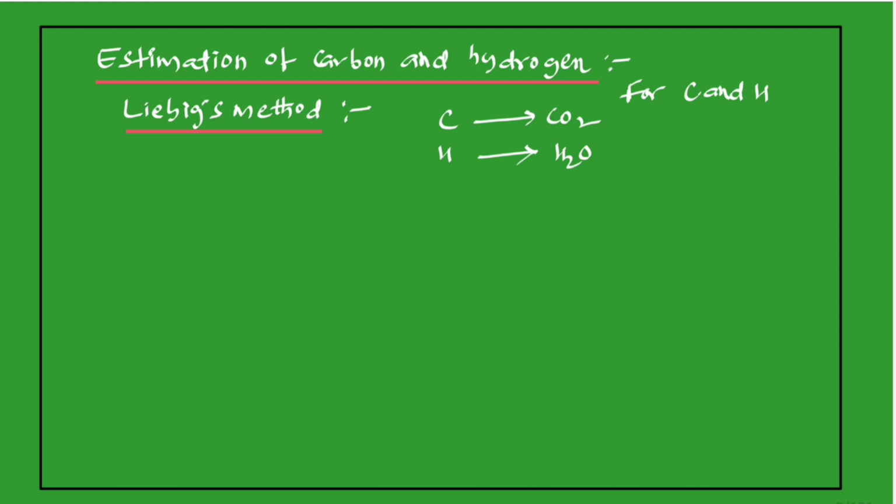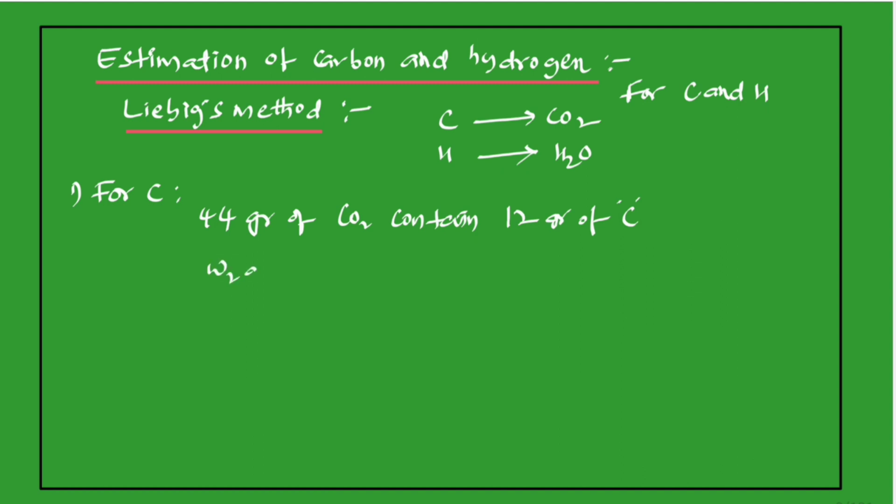In Liebig's process, for the percentage of carbon: 44 grams of CO2 contain 12 grams of carbon, and W2 grams of CO2 contain 12 into W2 upon 44 grams of carbon.